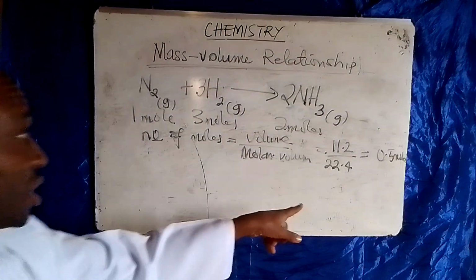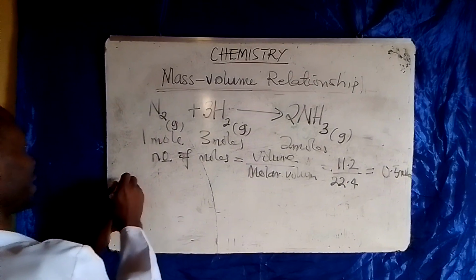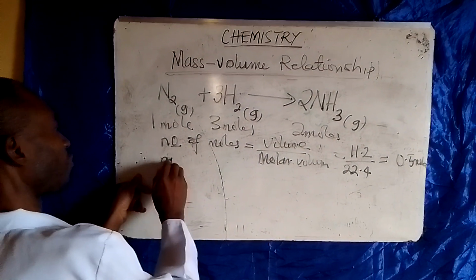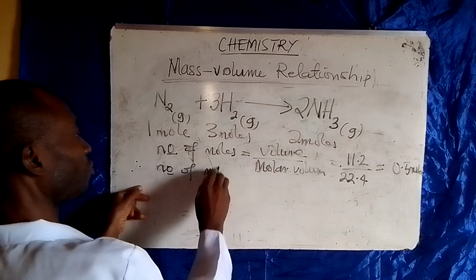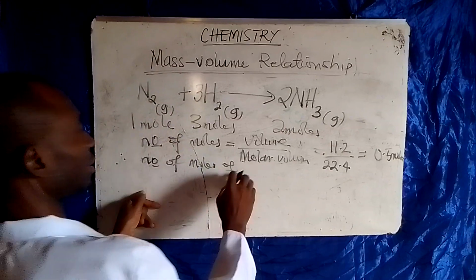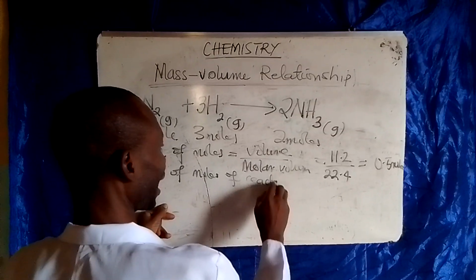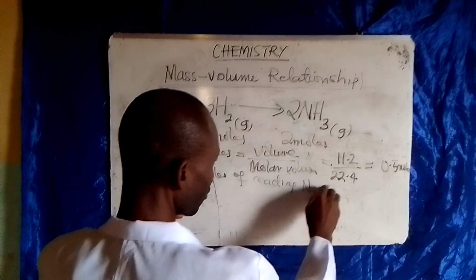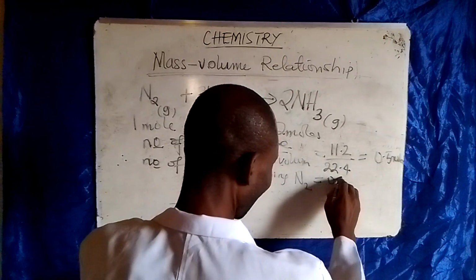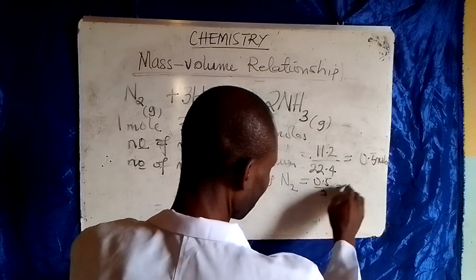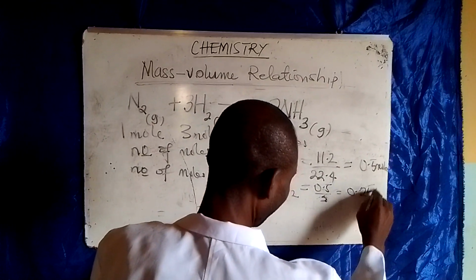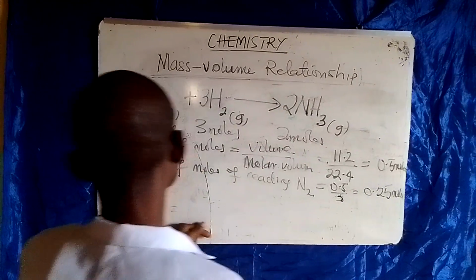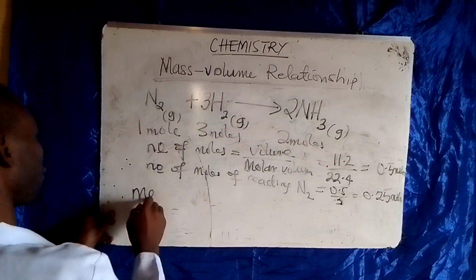We have established, let's put it this way, therefore, the number of moles of reacting nitrogen will be 0.5 divided by 2, which is 0.25 mole. So can I say mass of nitrogen?